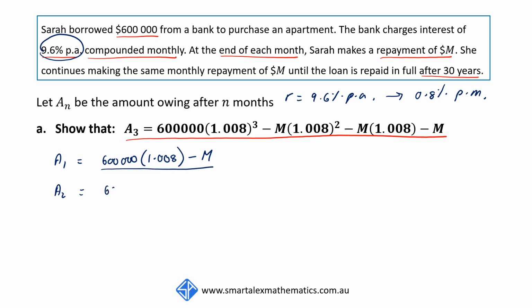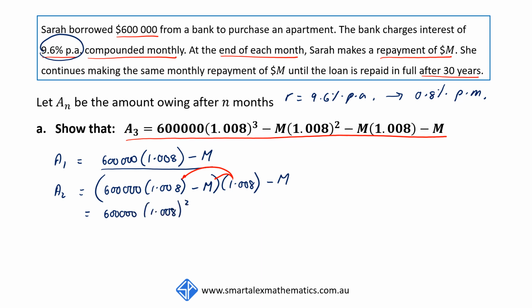So the bank is going to calculate interest based on this amount. So we're going to multiply by 1.008, and then you're going to make a repayment of M dollars. So if we expand this one, we're going to get 600,000 times 1.008 squared minus M times 1.008 minus M.